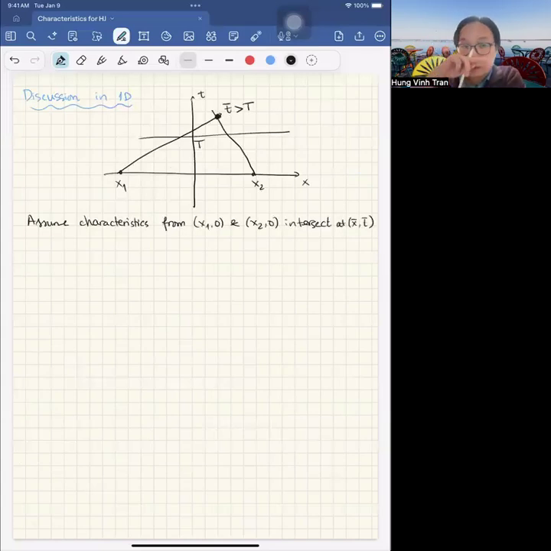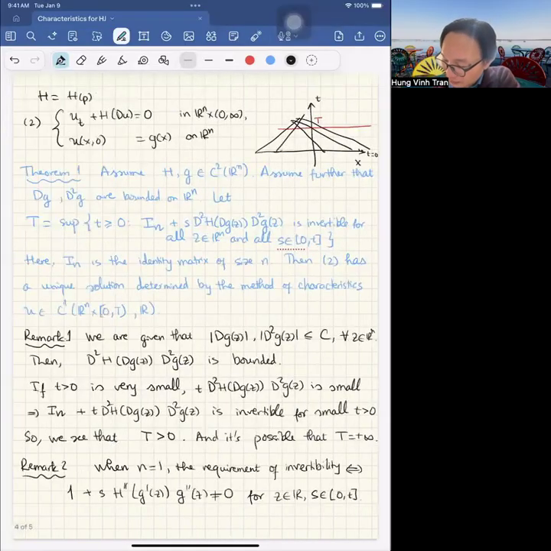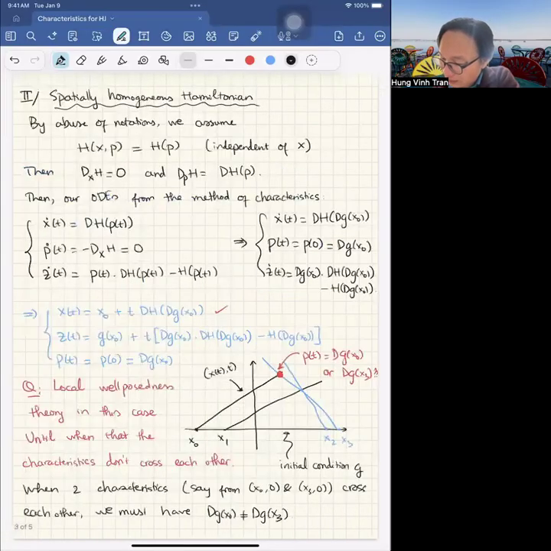Then let's just say that they intersect at a point x bar, t bar. Let me recall to you the characteristic. It's written here: x(t) is just x naught plus t times the slope.